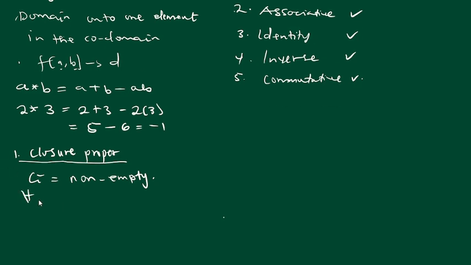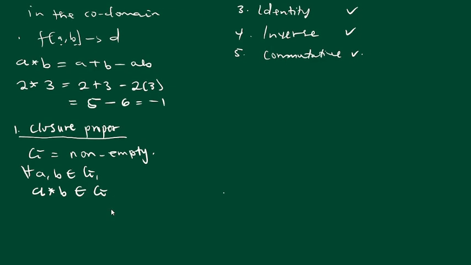For all a, b members of G, such that when we perform the operation on them, a star b should be a member of G. Then we can say that it is closed.